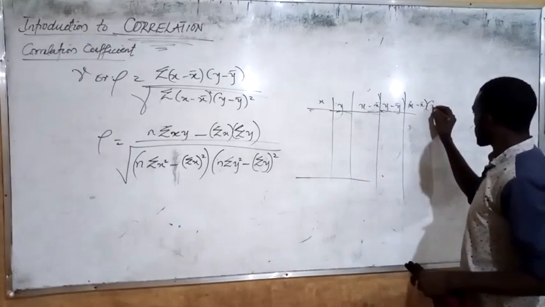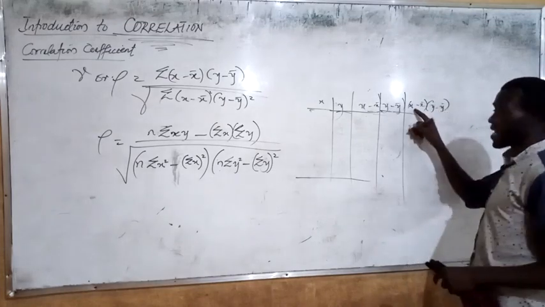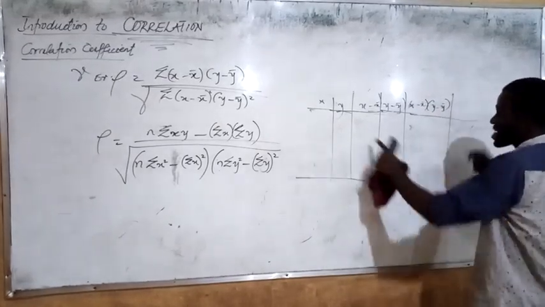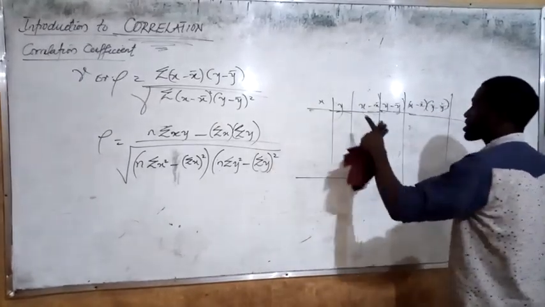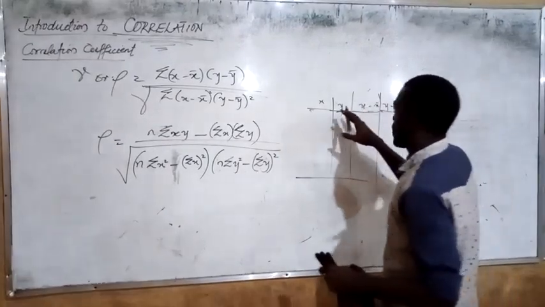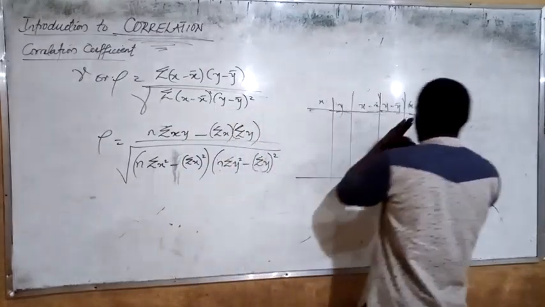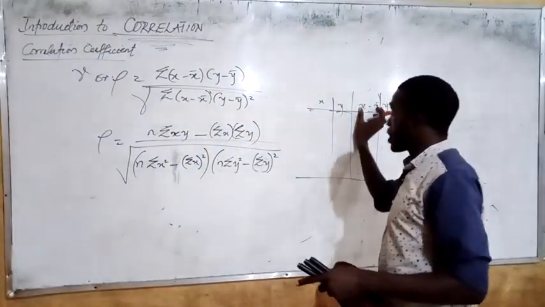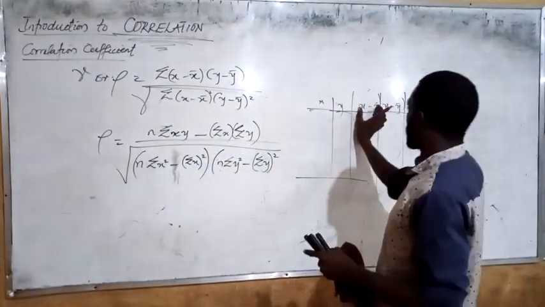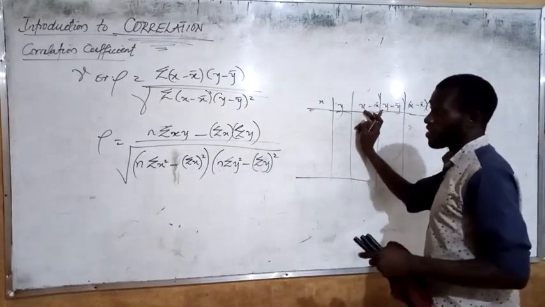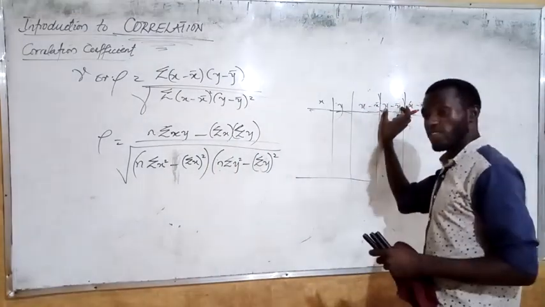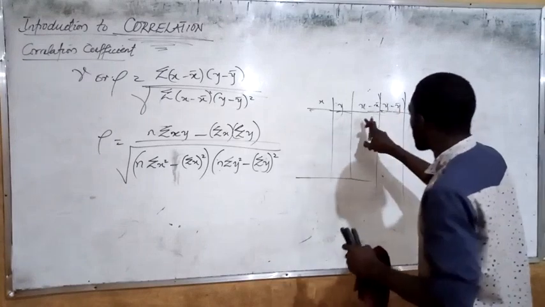So you are going to take y minus y bar times x minus x bar. So you see, you are preparing a different table totally. You are not taking each value here and then bringing it. No, you are creating a separate table for the deviation of each x value from the mean, and the deviation of each y value from the mean. You are first taking those, then you now multiply each value.